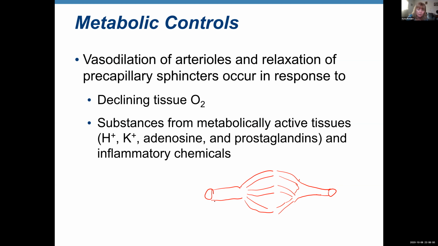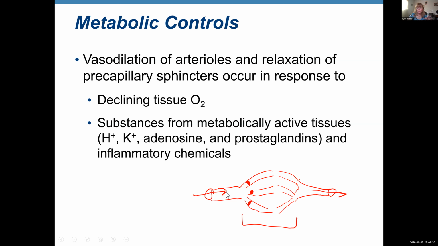So this is the arteriole, and blood flows this way, and this is called the capillary bed. Over here we have sphincters, which are circular smooth muscles that can either contract or relax. When they contract, they decrease blood flow. When they relax, they open up those capillaries and we increase blood flow, right?